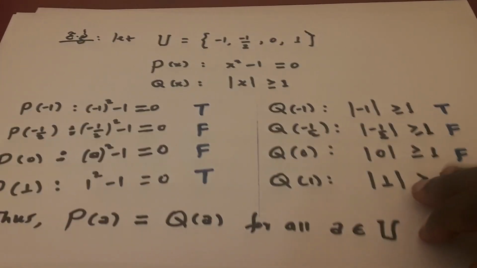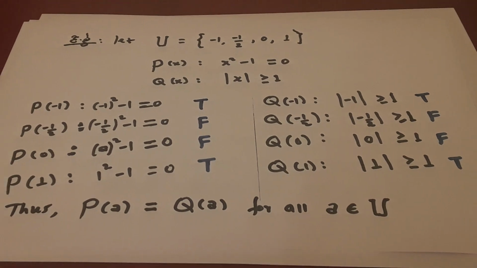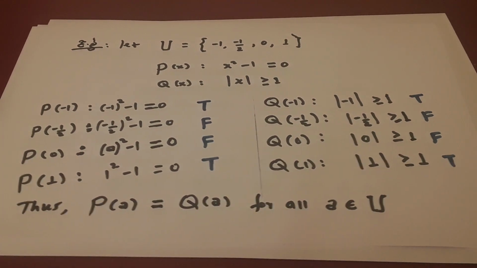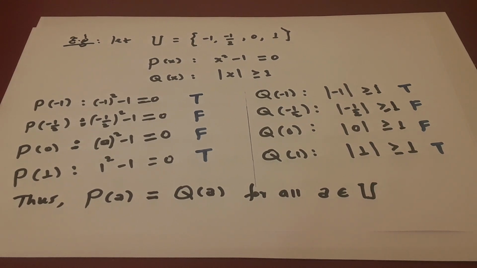Now we can develop this idea through an example. We have a universal set U equal to minus 1, minus half, 0, 1. P of x is x squared minus 1 equals 0. Q of x is the absolute value of x is greater than or equal to 1. A is an element of the universal set.